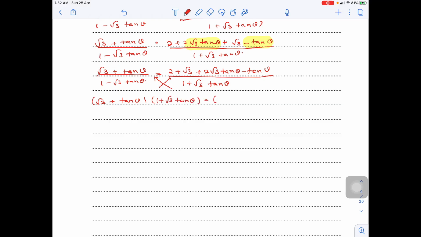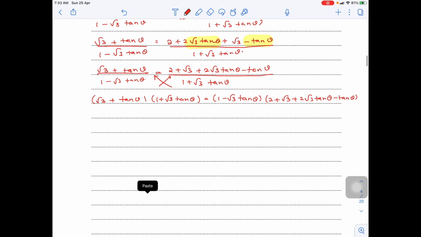Now cross multiply them. So that's (root 3 + tan theta)(1 + root 3 tan theta) equals (1 - root 3 tan theta)(2 + root 3 + 2 root 3 tan theta - tan theta). So I'm multiplying it out, expanding it. On the left, root 3 times (1 + root 3 tan theta) plus tan theta times (1 + root 3 tan theta).